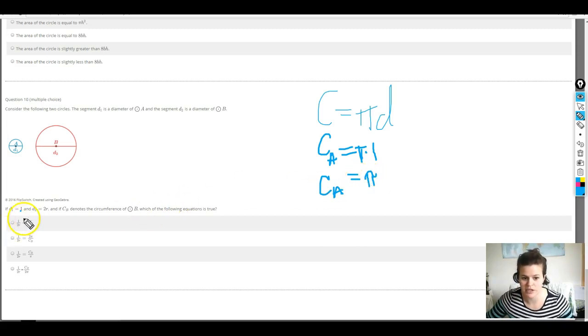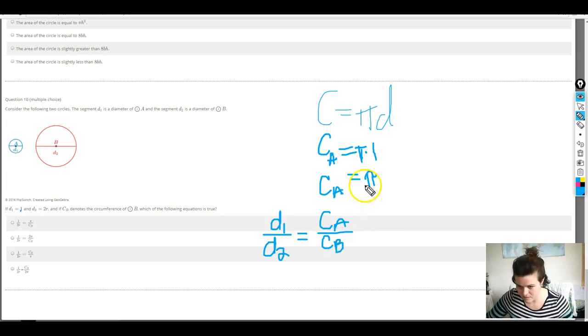So I'm going to look for a ratio that has diameter 1, which is in reference to circle A, compared to diameter 2 is going to equal the circumference of A compared to the circumference of B. And by substitution, since the circumference of A is equal to pi, we have pi for circumference of A. Diameter 1 was 1 unit long, and diameter 2 was 2r.